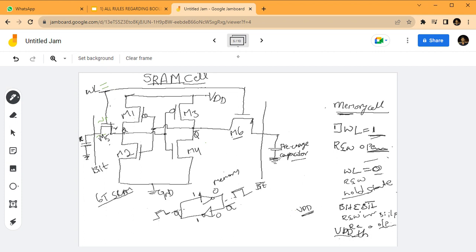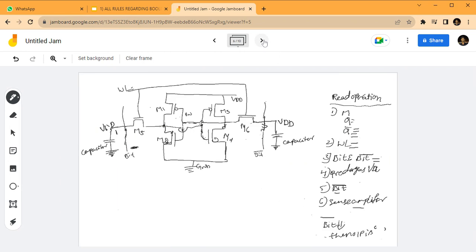Then we go for the read operation. In this read operation, the memory has some value, we assume Q equal to 1. Then Q bar will be 0.